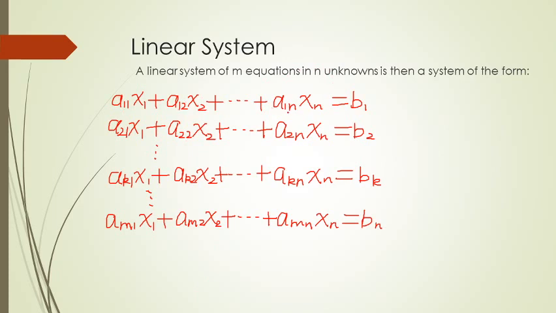For the second equation, the first digit of the subscript for a is 2: a21, a22 until a2n. In the kth equation, that will be ak1, ak2 until akn. And in the last m-th equation it will be am1, am2 until amn. The first digit is m.